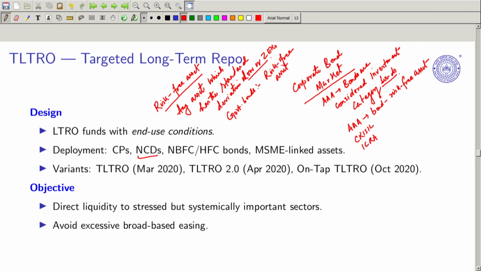In the same way, if you have triple A rated corporate bonds, then it is also called a risk free bond.